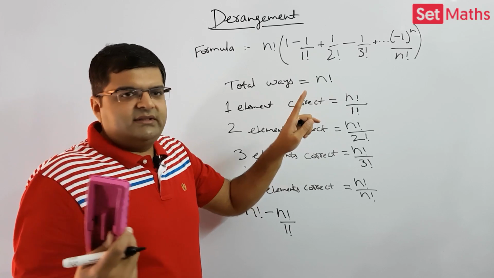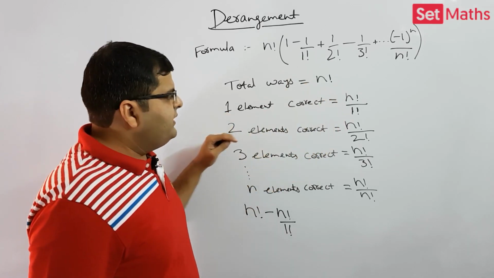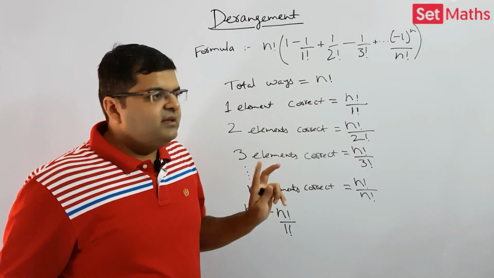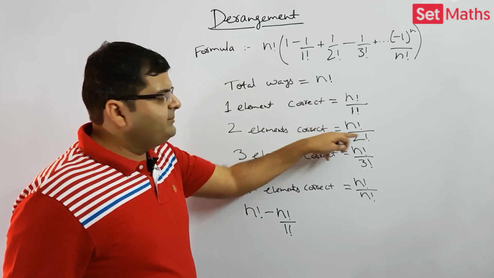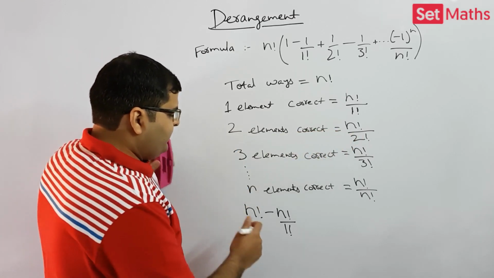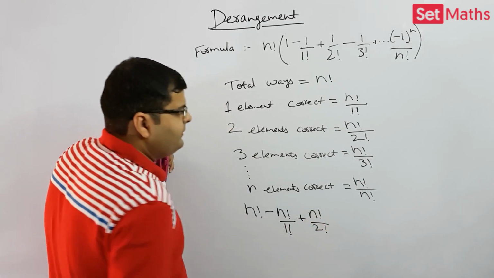So when one element is at the correct place, it includes cases wherein two elements are also at the correct place. I have deducted this, so I will have to add it back, the two elements at the correct place. So this will become plus n factorial upon 2 factorial.